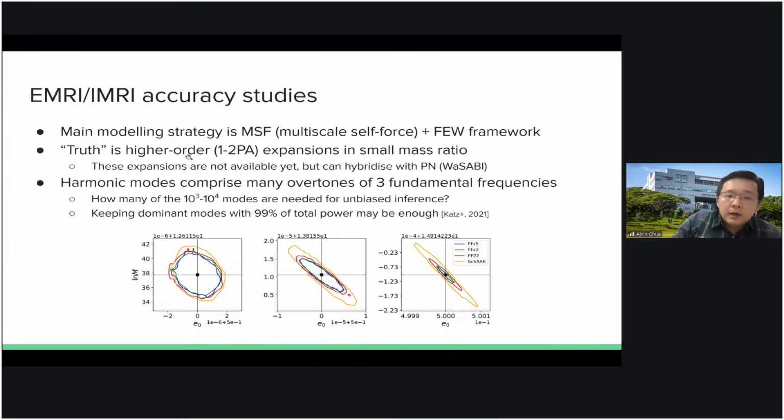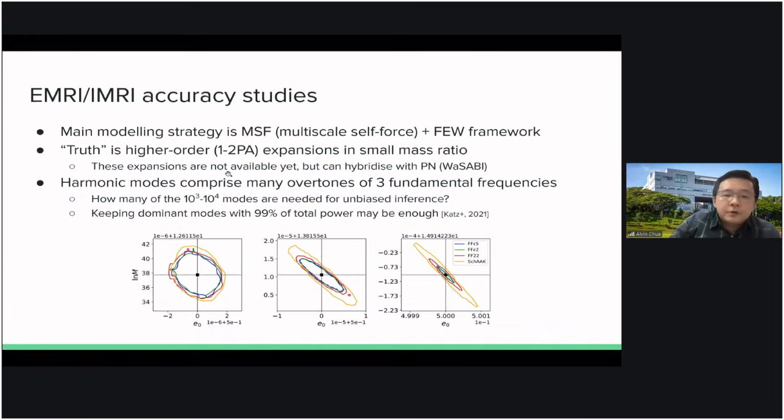By higher order, I mean 1 to 2 post-adiabatic order. These expansions are not available yet, and in the case of 2PA, they may not even be available in the foreseeable future. But there's another approach where we can hybridize with post-Newtonian information. This is the focus of the Wasabi models.